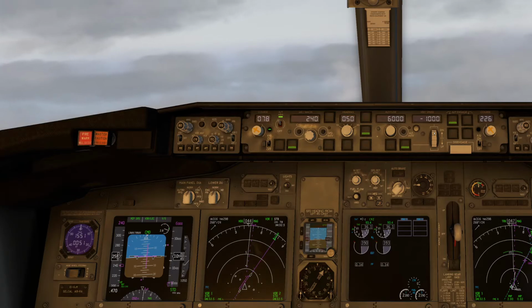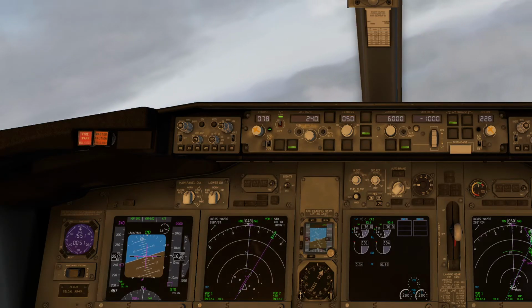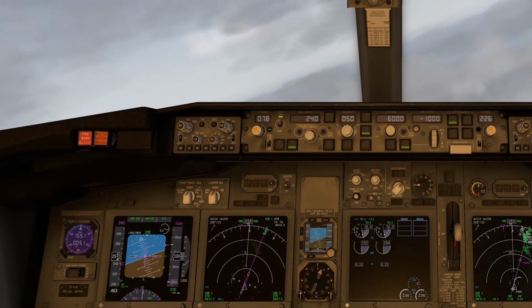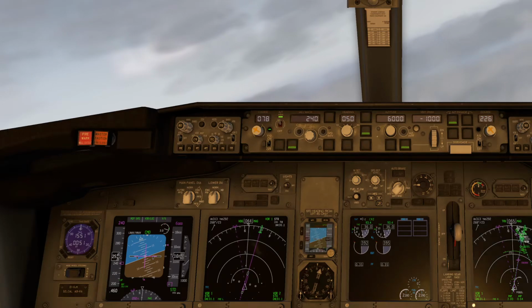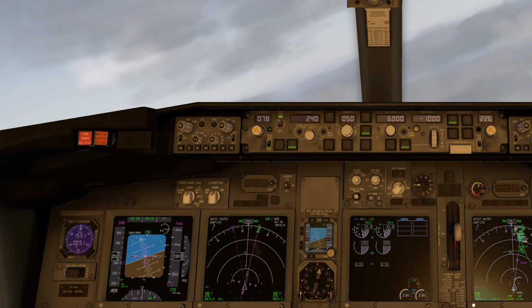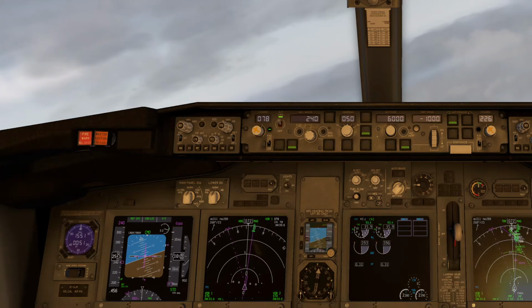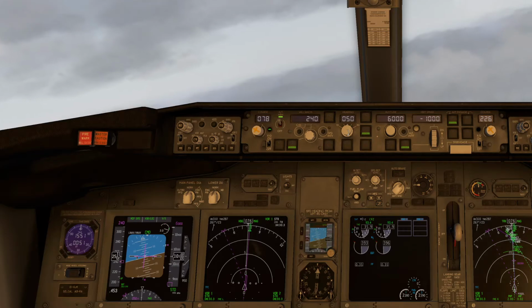Allow the speed to reduce to 257, 256, 254. We are passing flight level 103, 252. Great. We are meeting the restriction.